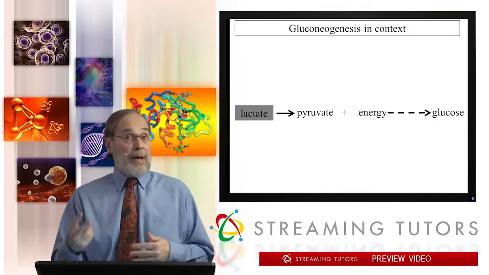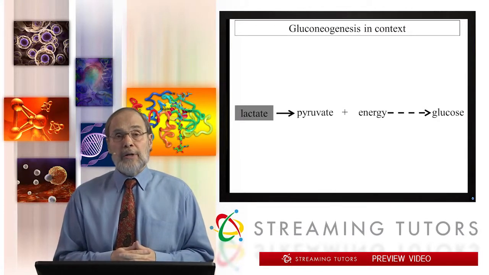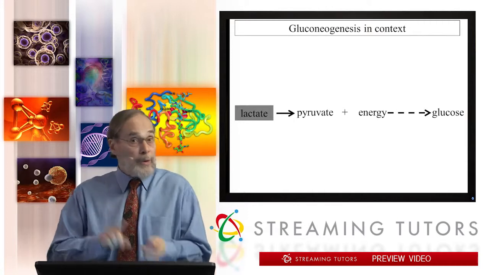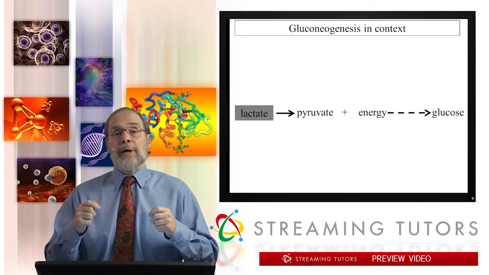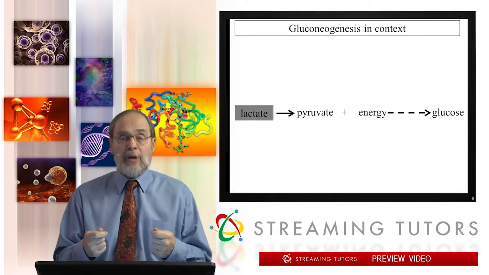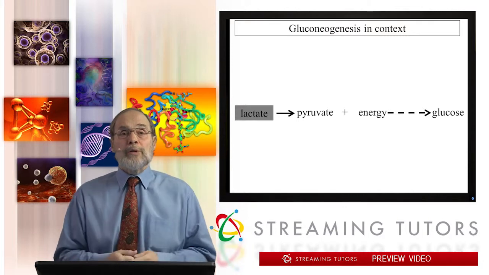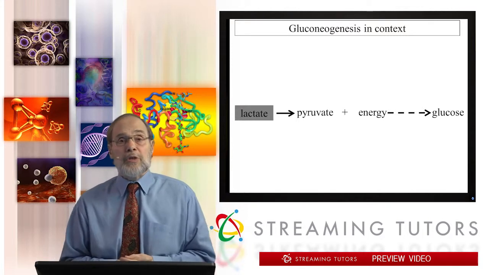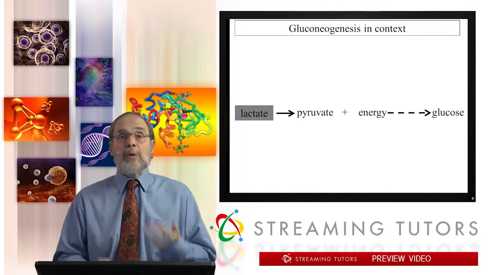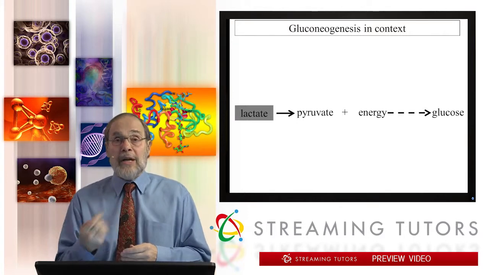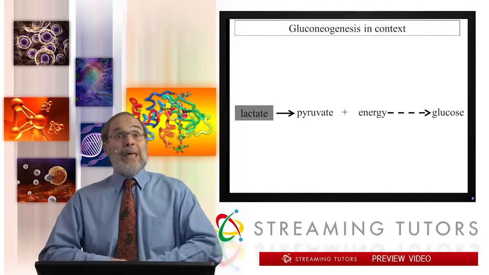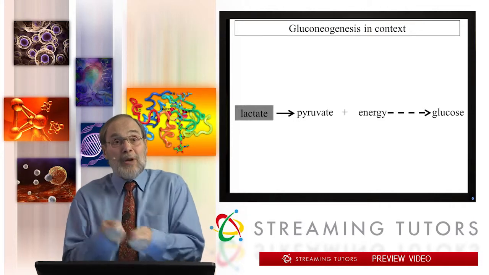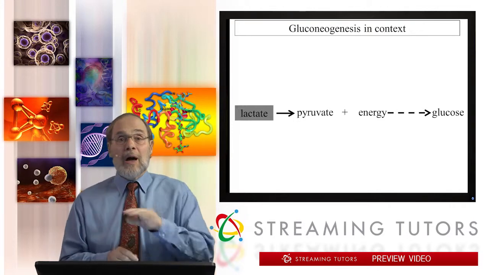Now, the reason we care a lot about that is that you recall when we talked about muscle metabolism earlier, and we'll return to this in much more detail later, when we're exercising very vigorously, our muscles go into oxygen debt. That is, they don't have enough oxygen to feed our energy needs. And so, in fact, we run glycolysis through the pyruvate, dump the extra reducing potential that we can't transfer to oxygen as we normally would onto lactate.